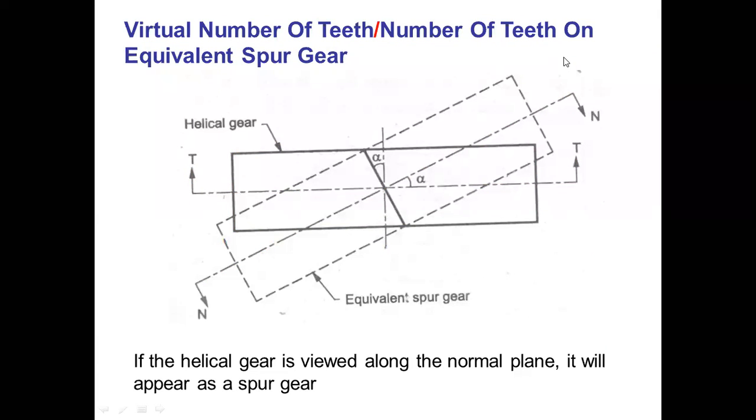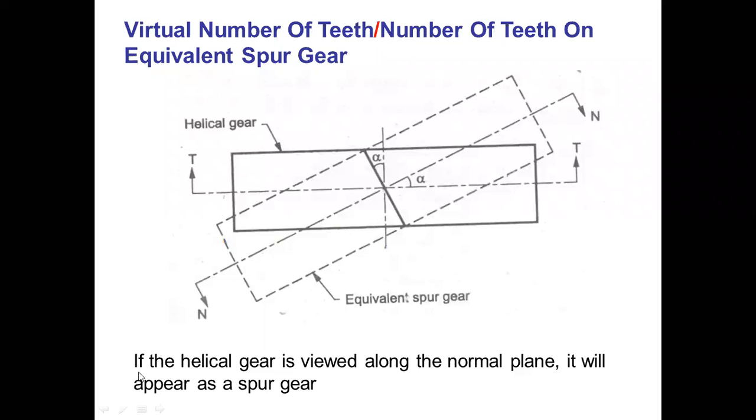At that time, how many teeth are present on such a helical gear? We have to derive the equation for that purpose. If the helical gear is viewed along a normal plane, then it will appear as a spur gear.